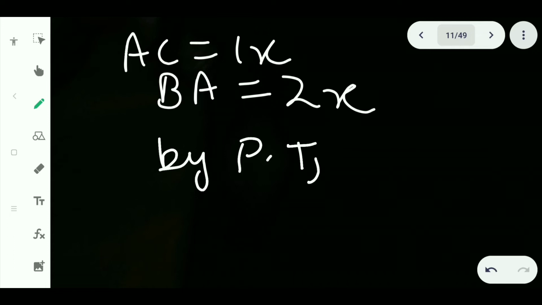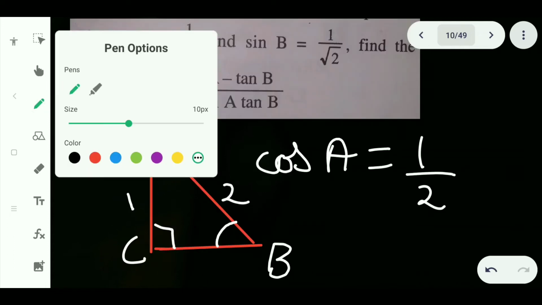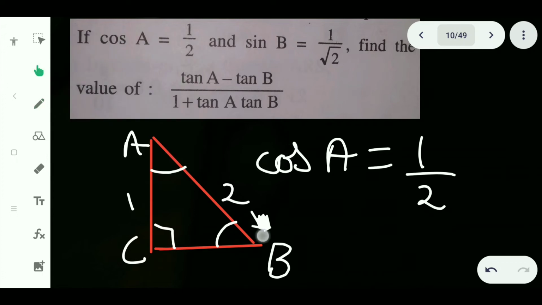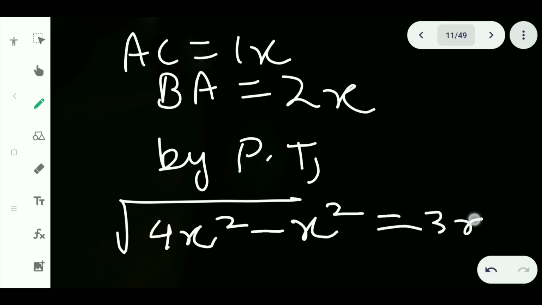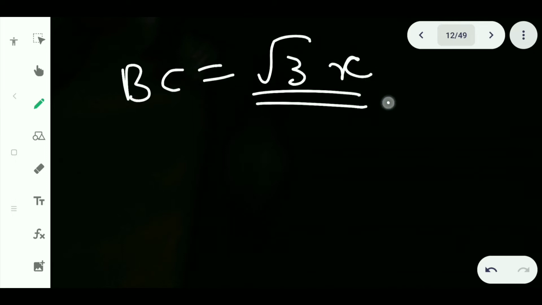BC is nothing but root over 2x whole square minus x square, that is nothing but 4x square minus x square is equal to root over 3x square. So BC is equal to root 3 into x.